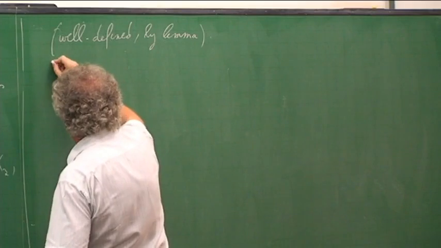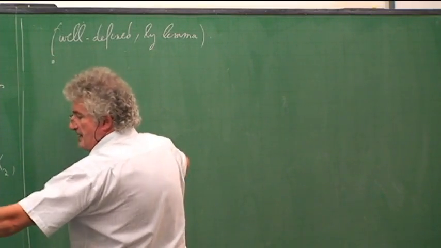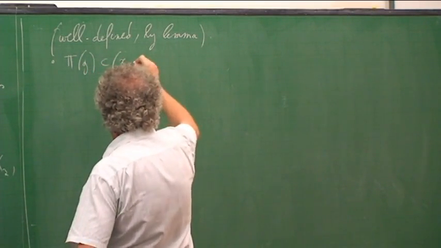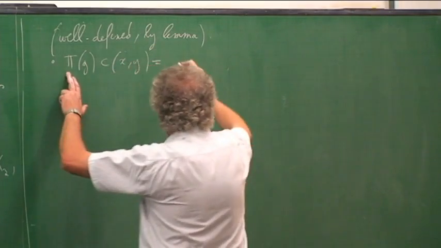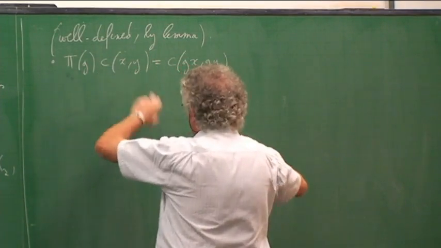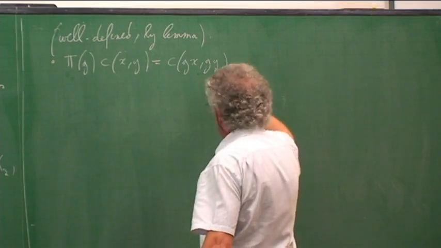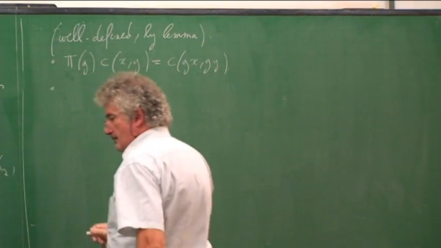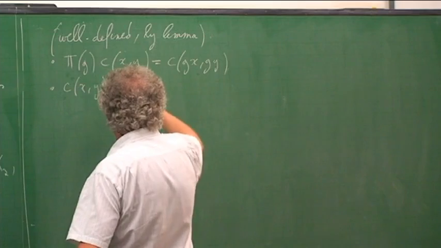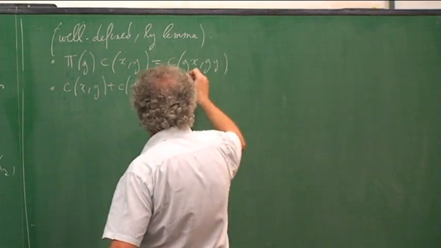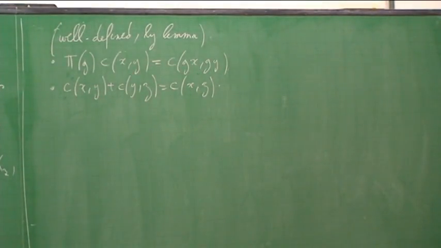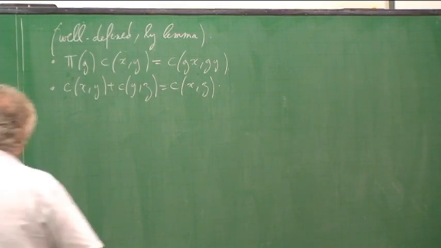Now, what are the properties of this map? Everything is canonical so far, so it is equivariant with respect to the representation pi: pi of g applied to C of xy is C of gx, gy. Then, trivially, C of xy plus C of yz is C of xz.